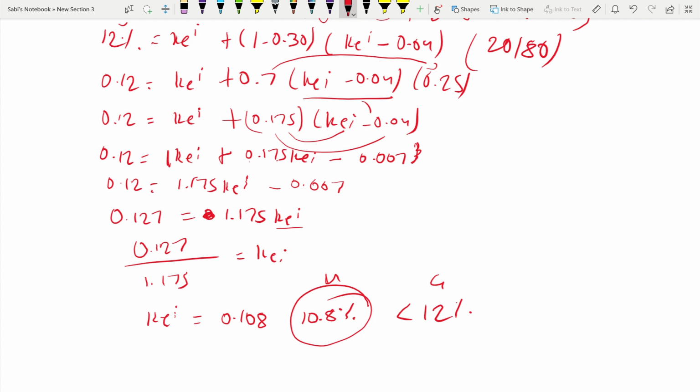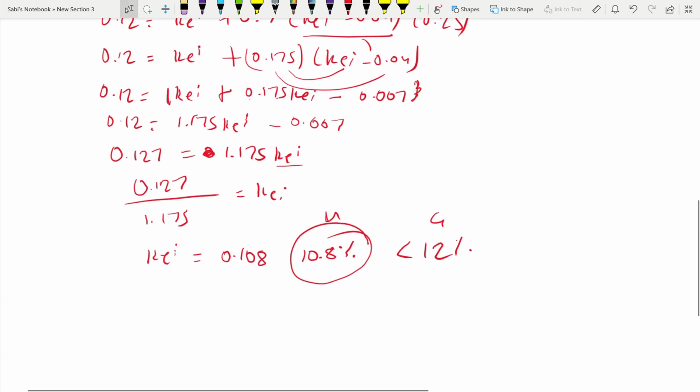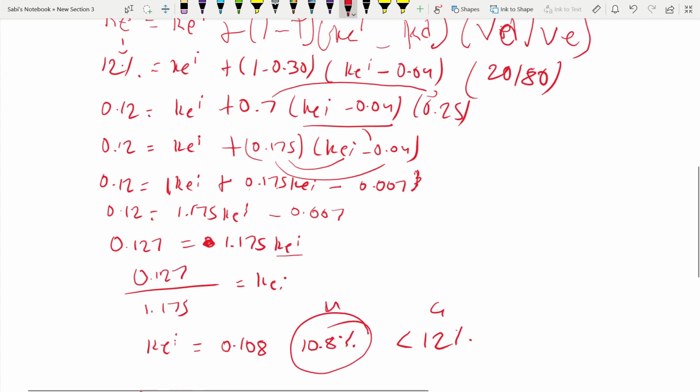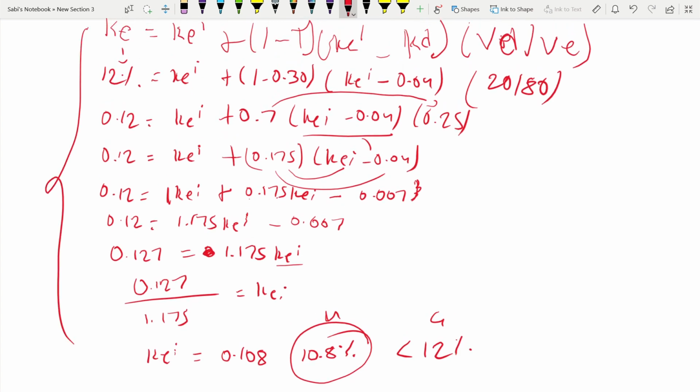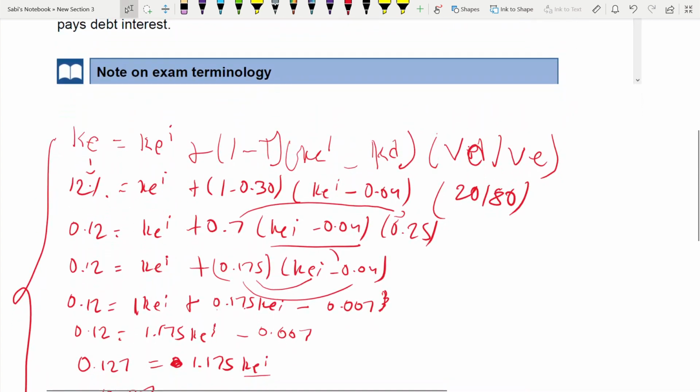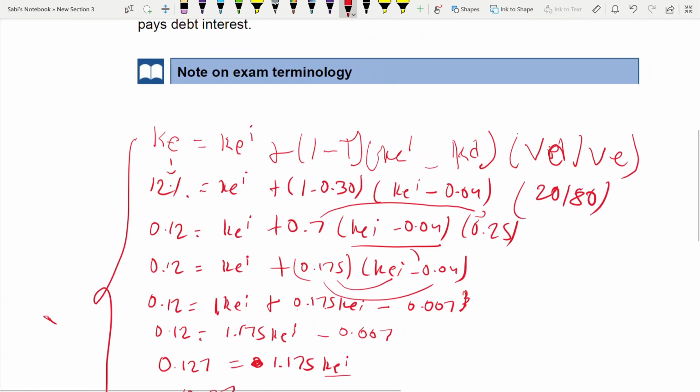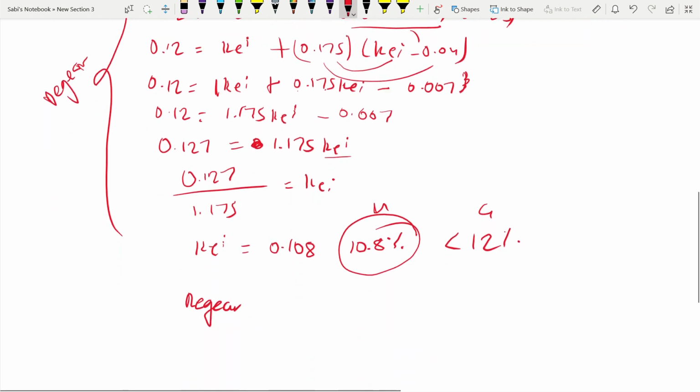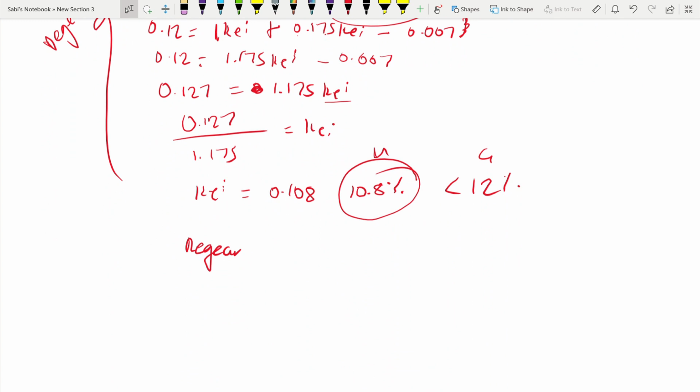The 12% which is given to you, the cost of equity using CAPM, should be more than what you get using M&M, that is the ungeared 10.8. Now you have to re-gear. Remember de-gear and re-gear? All the steps you have been doing here, what is it? It is de-gearing. You have been removing the effect of debt, leaving just equity. Now using your debt equity ratio, you are going to re-gear.